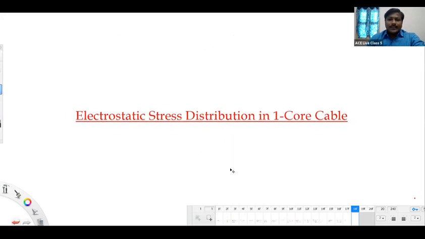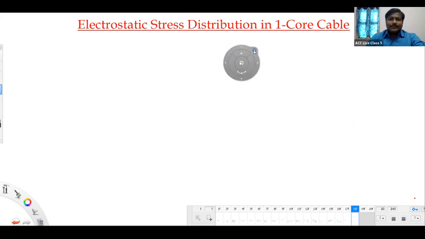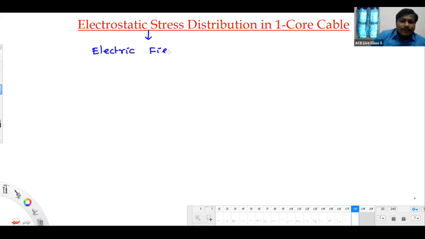See, this electrostatic stress can also be called electric field intensity. Else you can say voltage gradient.